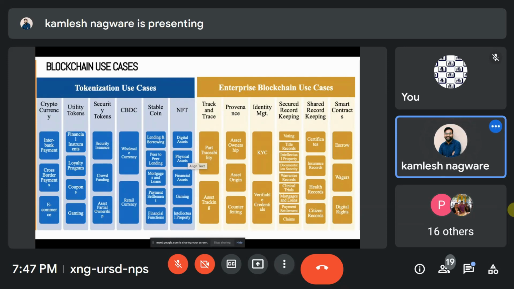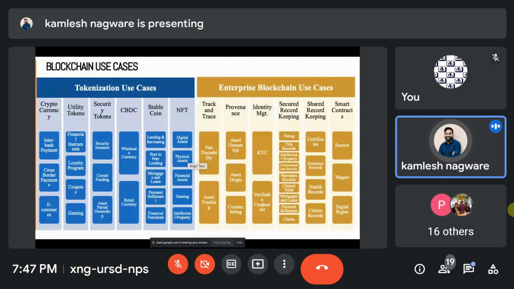Similarly, wherever you can apply blockchain and solve trust and transparency, and maybe security or auditability of the system.